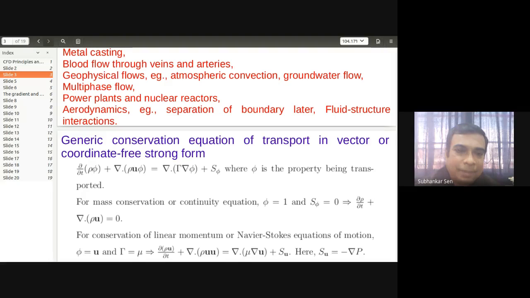But if we get a value which is not equal to 5 meter per second but is close to it, suppose 4.9 meter per second, then we say that we are getting an approximate solution of high accuracy.